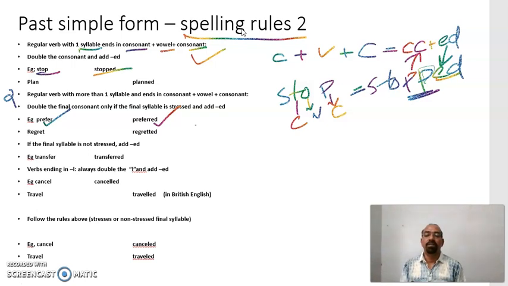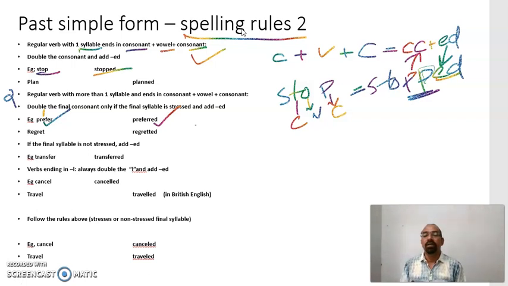Prefer. Stress comes here. So this is a 2-syllable word, prefer, and the stress comes with the fer. So we have to double the consonant and add ed.